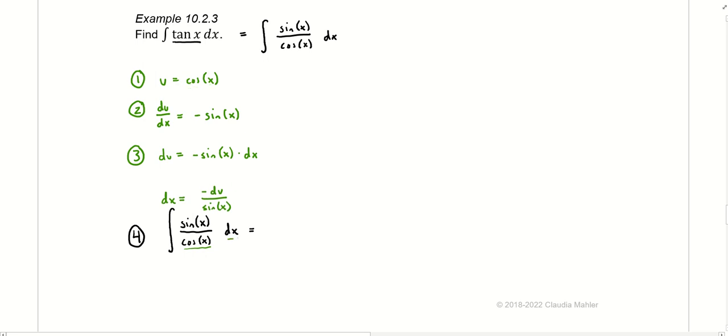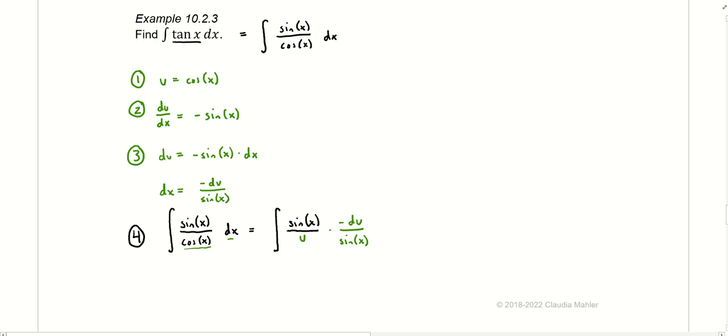And I'm going to replace my dx with what we set up here: dx equals negative du over the sine of x. So this is going to become the integral of sine of x over u, since cosine of x gets substituted with u, and dx becomes negative du over sine of x.